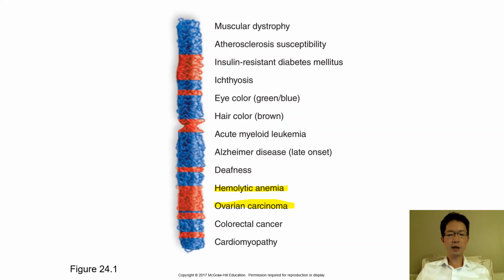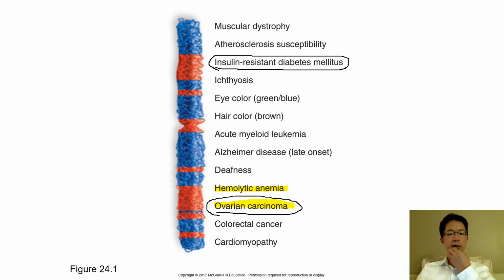On the other hand, the ovarian cancer gene and, let's say, the diabetes gene are located far away, so they are not linked genes.